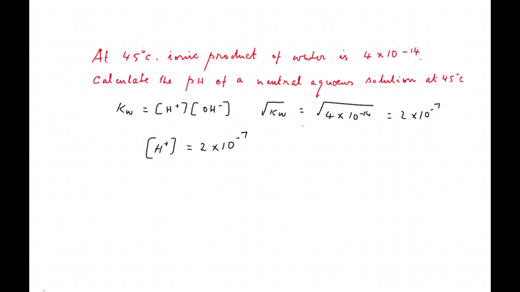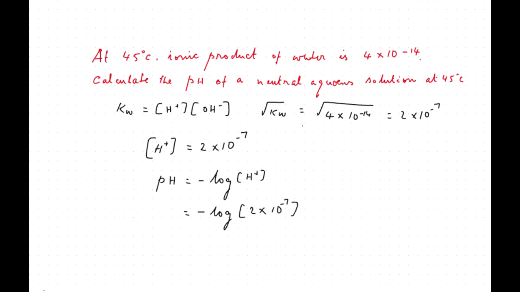So the pH of any solution is equal to negative logarithm of H plus ion concentration. Substituting the value here, it is negative logarithm of 2 into 10 power minus 7.